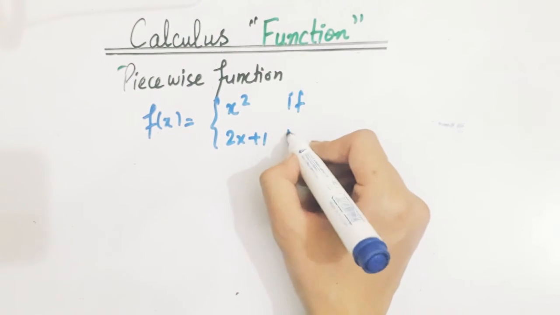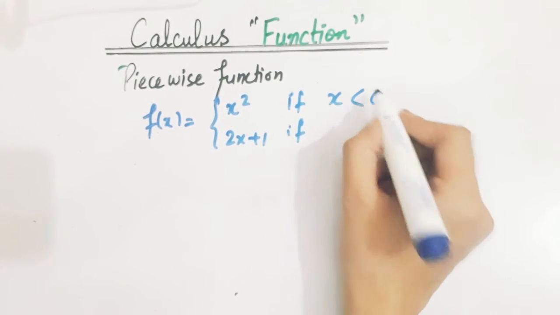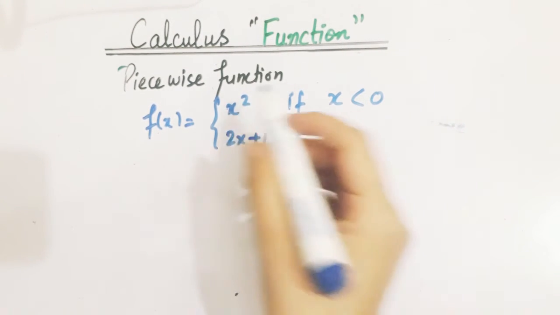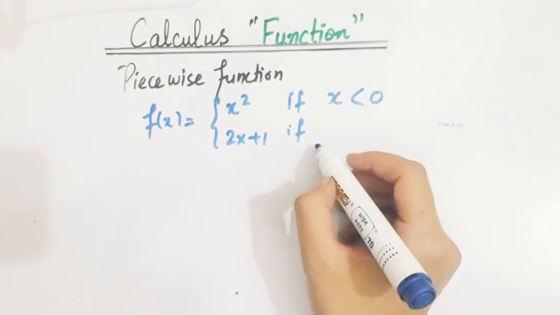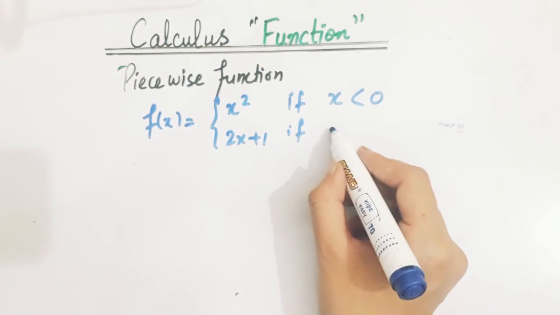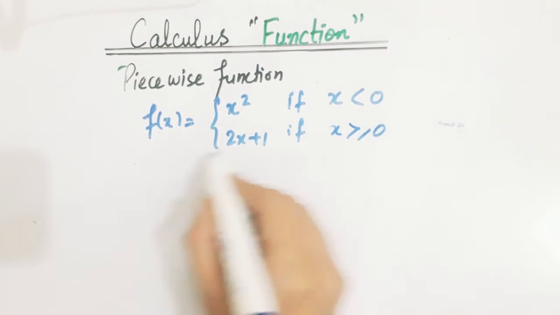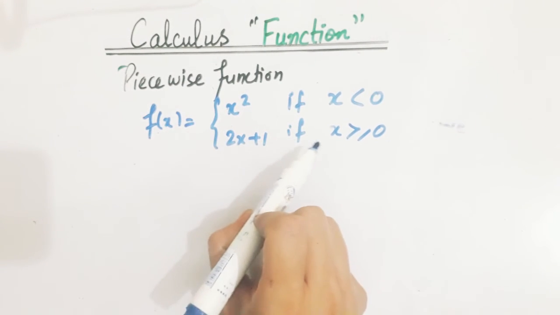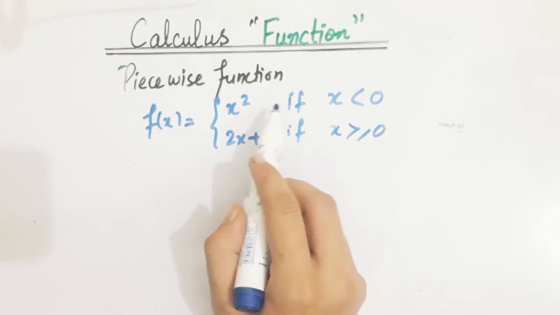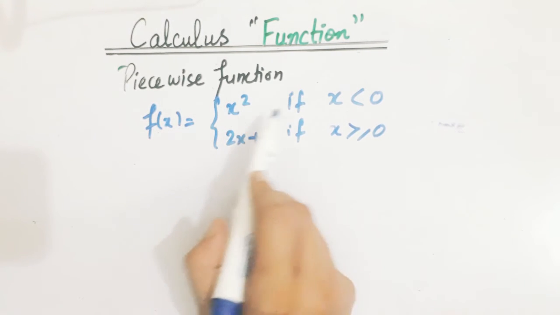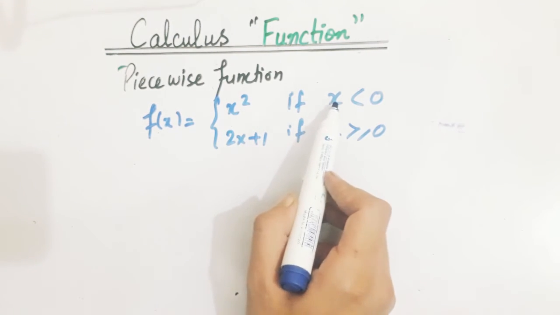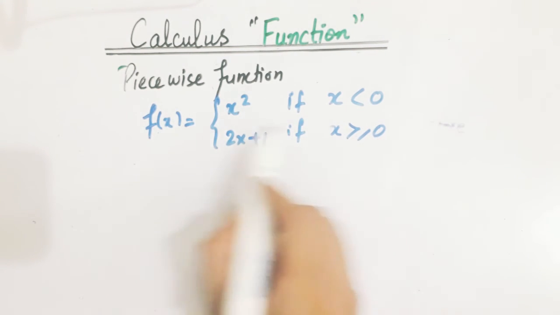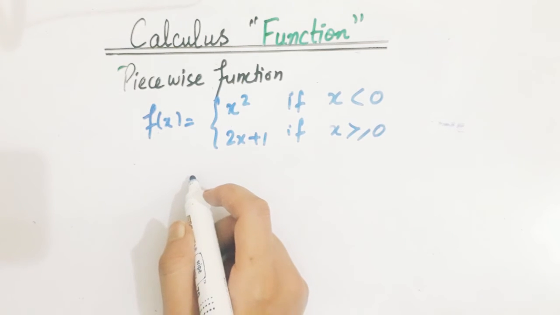A condition is also given: if x is less than 0, meaning x is negative, use x square, so you will get a positive answer. And the other one is if x is greater than or equal to 0. In this case, we just consider that the function acts in different zones: x less than 0 means x is negative, and x equal to 0 or greater than 0. This is a piecewise function.